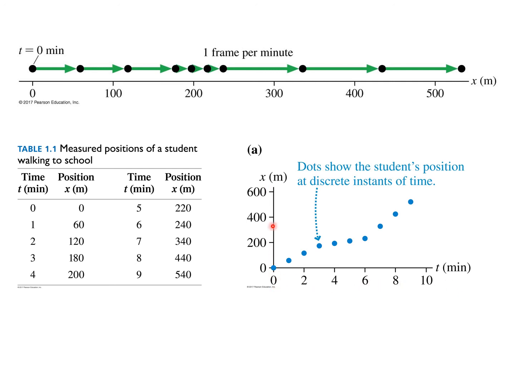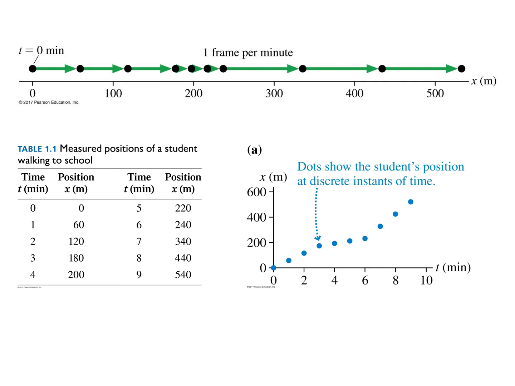I've put my independent variable, time, on my x-axis and my dependent variable, x, on the y-axis. And here, all of these points are explicitly labeled for where my person, it says student walking to school, where the student is at a given time.